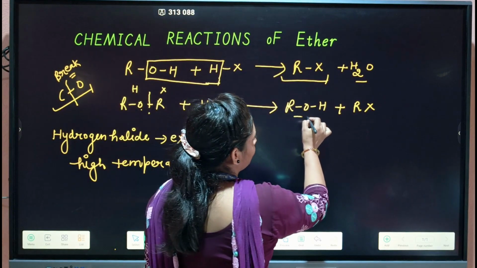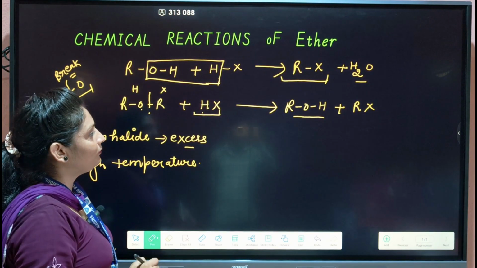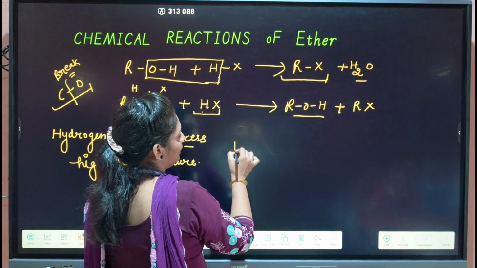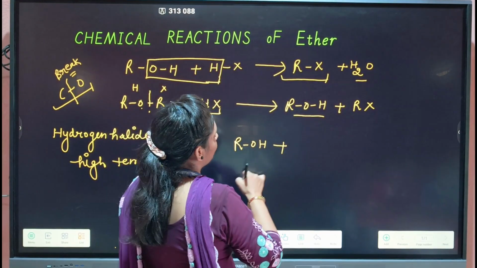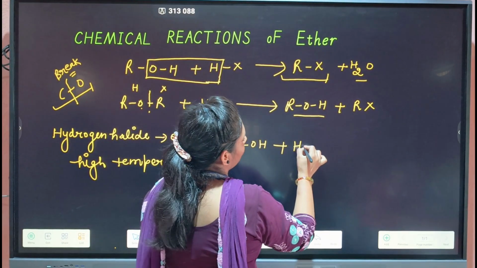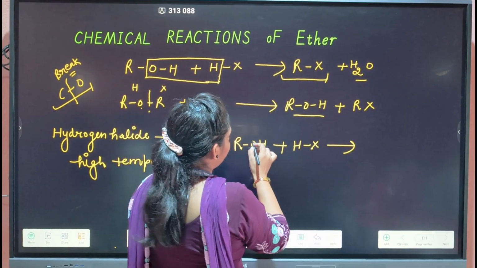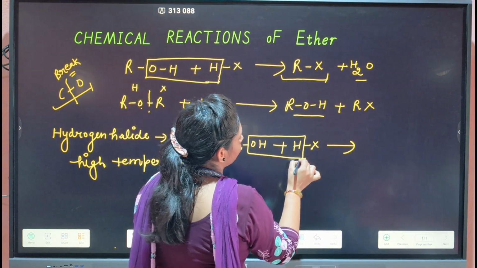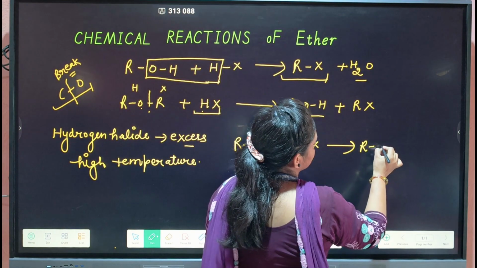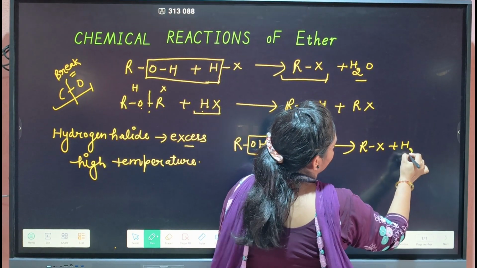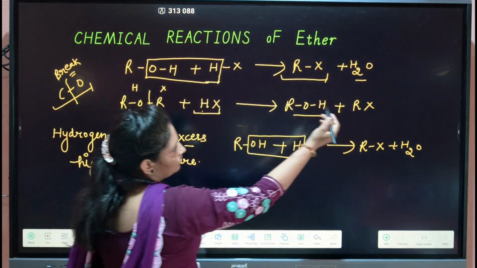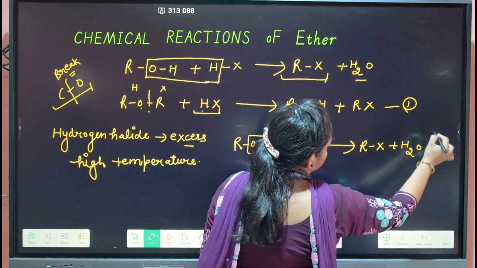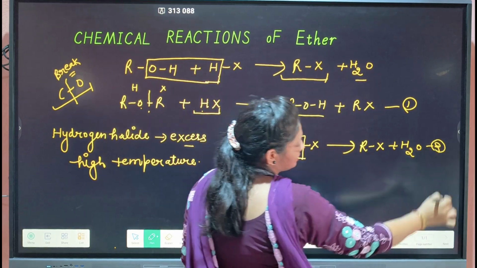Further what will happen here? Further this reaction can take place with the hydrogen halide and further they can form RX plus water. So we can write both of these reactions in a single reaction also.